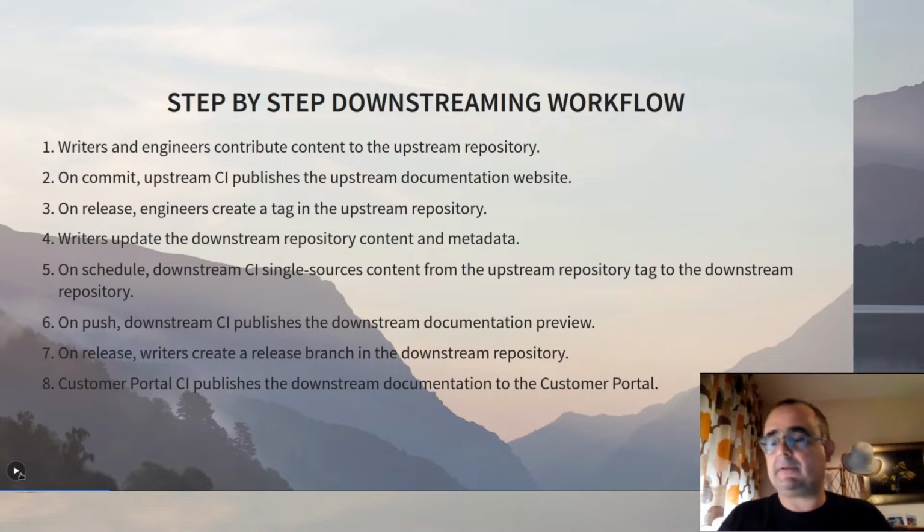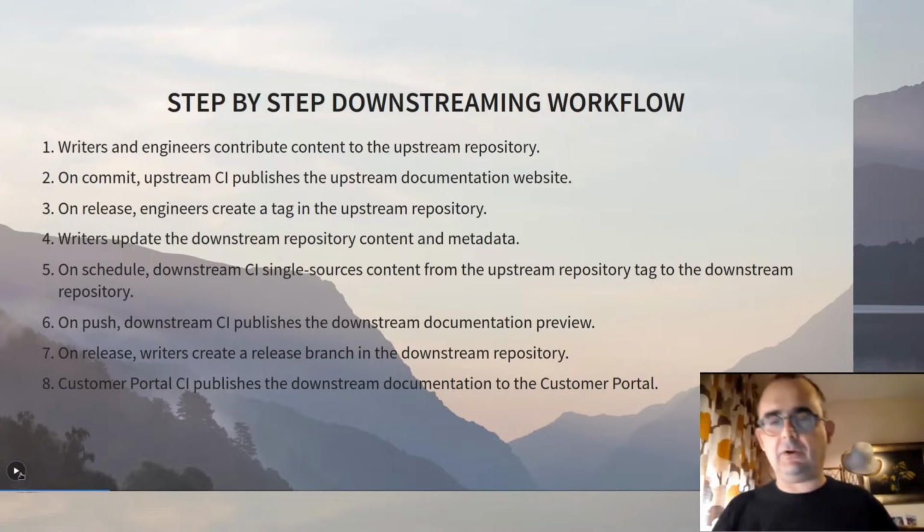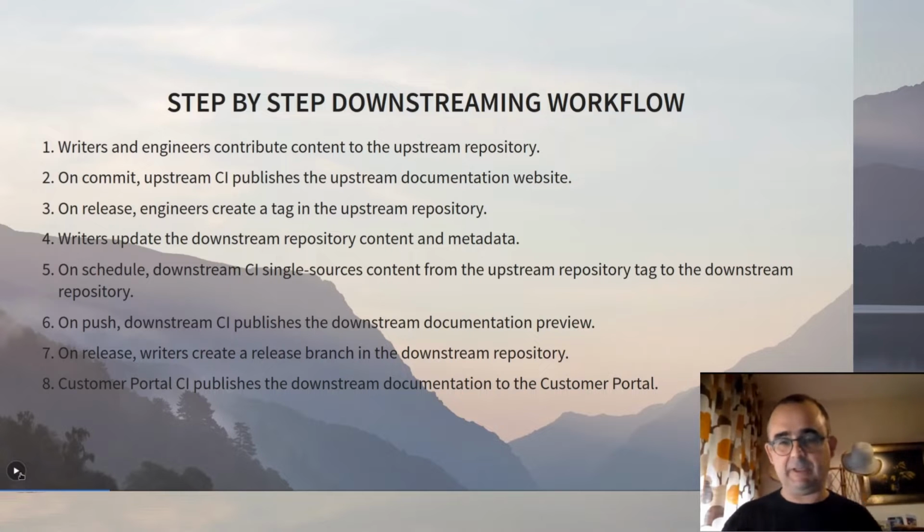We will get into detail on this metadata later, but think of product name, product version, and so on. Once we have this content in the downstream repository and the release tag in the other repository, we can just let the continuous integration work. All the rest is automated, within the limits of the production system that we have.